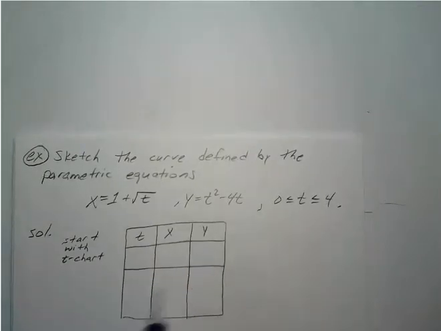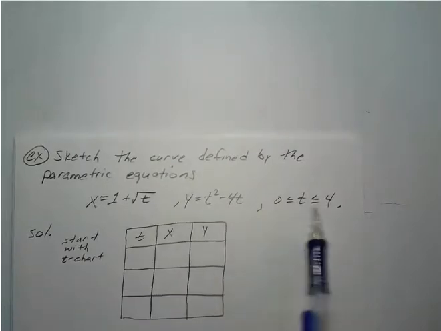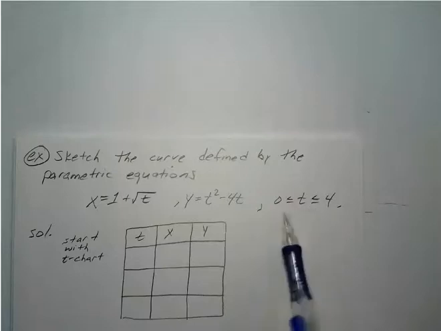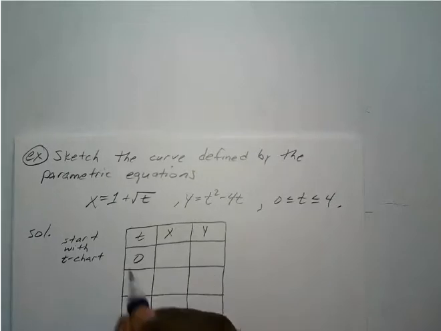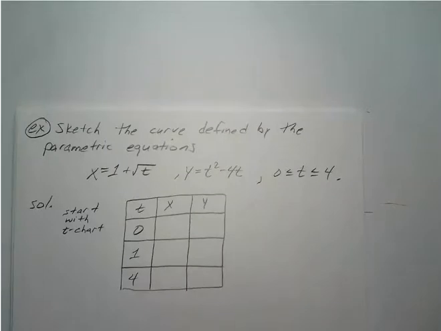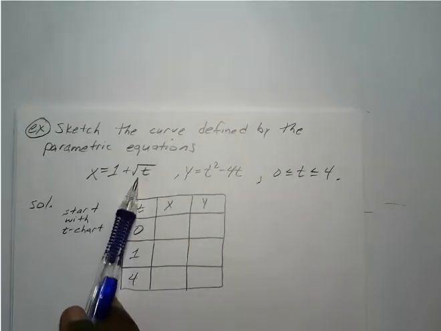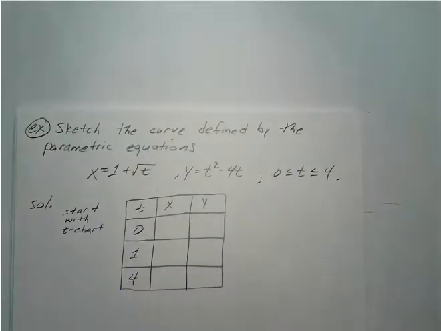We're going to get various values of t within our restrictions. In this case, it's restricted between 0 and 4. So we're going to make it equal 0, 1, and 4. I picked those values because they're perfect squares, and we have a square root there, so it makes things a little bit easier.